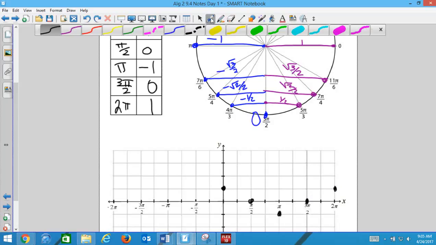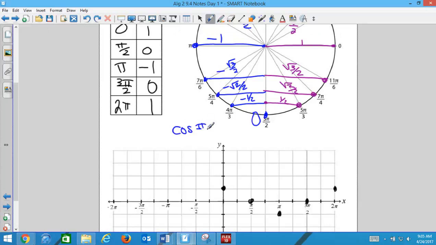I'm going to put in my pi over 4, which are the square root of 2 over 2, which is approximately 0.707. So at pi over 4, it's 0.707. At 3 pi over 4, it's negative. And we got another negative, and then we have a positive there.